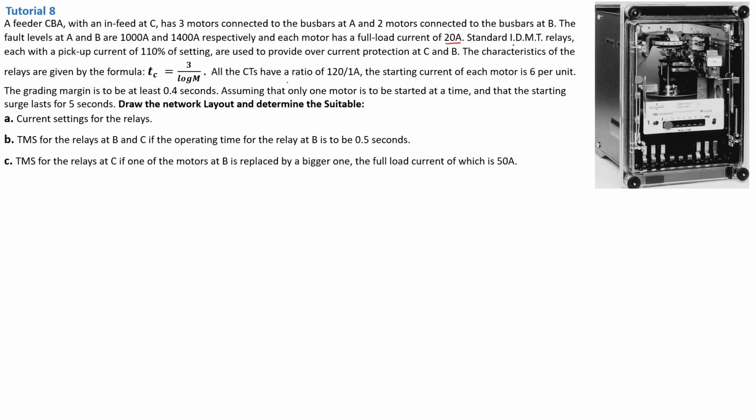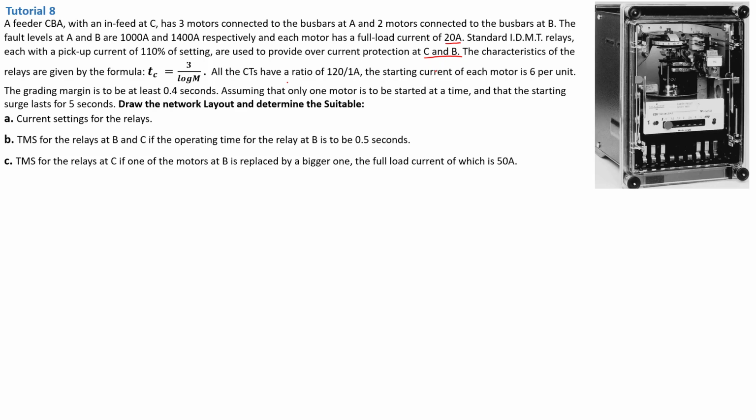Now, standard IDMT relays, each with a pickup current of 110% of settings, are used to provide overcurrent protection at C and B. Keep in mind, this is important, to provide overcurrent protection at C and B. Why not at A?